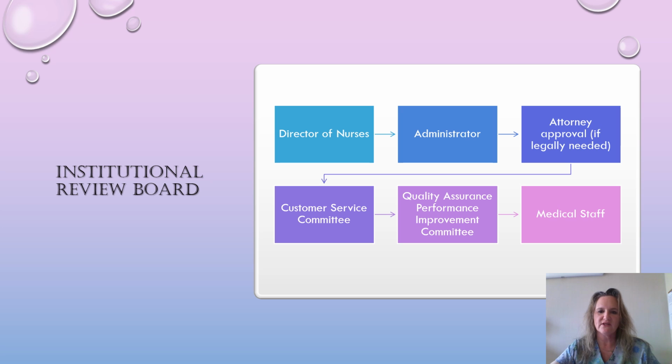Then we went to the quality assurance performance improvement committee, who works on all the quality issues and measures in our facility. After that, I went to medical staff, where the medical director of the facility approved us working on the customer service question and approving the evidence-based implementation proposal in my skilled nursing facility.